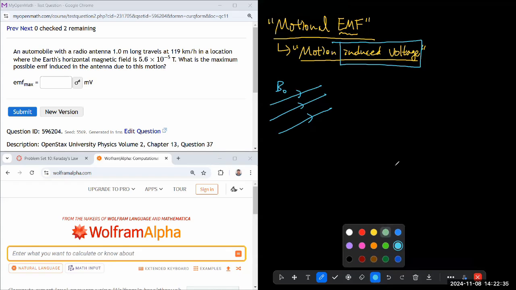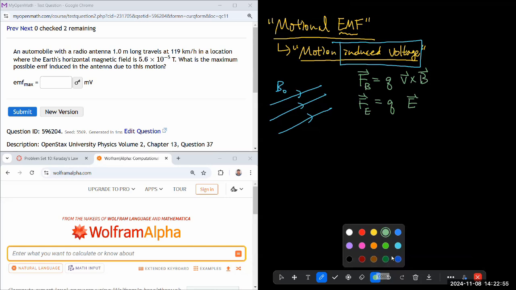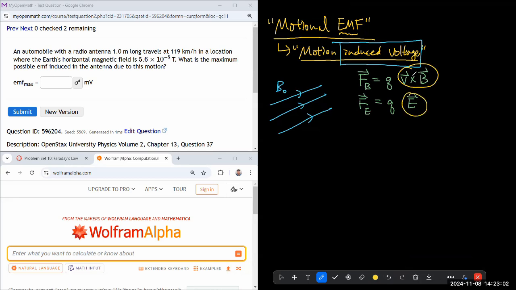When you look at the magnetic force, that goes as charge times V cross B, and you compare it to the electric force, which goes as Q times E, there's some visual similarity. You wonder if this V cross B is related to an electric field because they're serving the same role. And they are. They pop up in ways that you can detect in an electronic device.